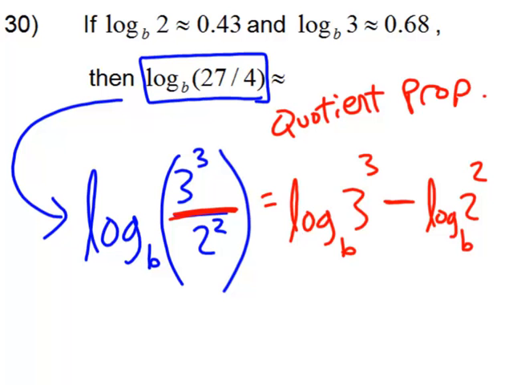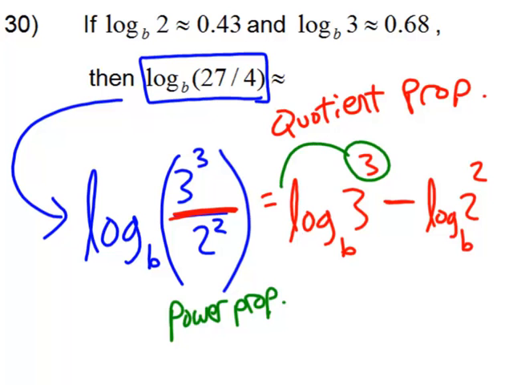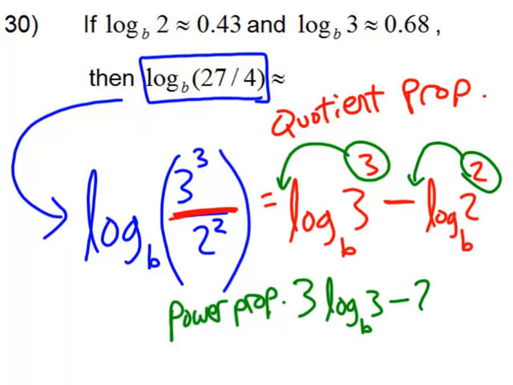All right, you see what comes next? That would be our power property. That's the one that tells us that this 3 can come up top, can come down in front, and that this 2 up top can come down in front. So that's the one that tells us that we now have 3 log base b of 3 minus 2 log base b of 2.